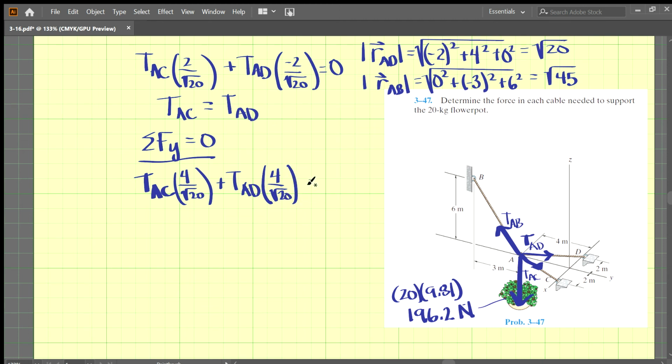And then lastly, we have the cable AB, so TAB, and that moves in the negative direction as we travel from A to B. The Y direction there is -3 divided by the total length, which is square root of 45. And that is all equal to 0.